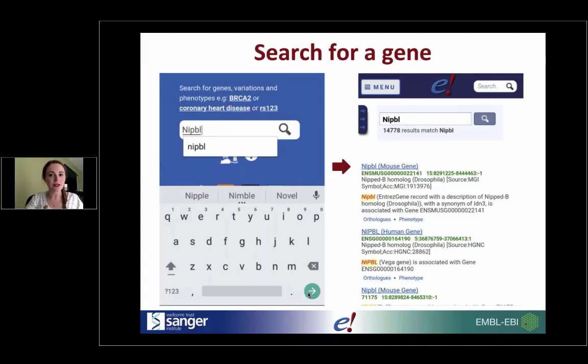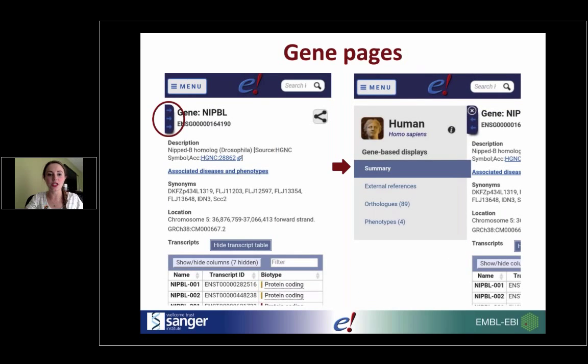If you do a quick search for a gene, you'll see that you get search results very similar to how you have them in the main site. And if we then look at the gene, we'll see we've got quite a stripped down version of what's there. We have these little pop-up arrows you can use to find menus for each kind of feature. So we have gene pages and we have variant pages.